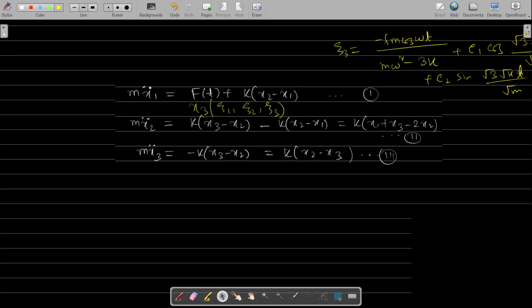So we had psi1 to be x1 plus x2 plus x3, psi2 to be x1 minus 2x2 plus x3. I believe this is correct.